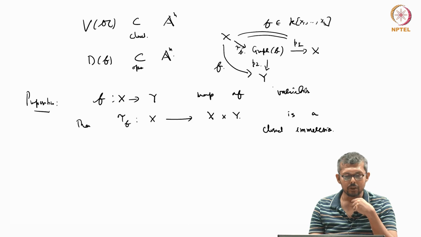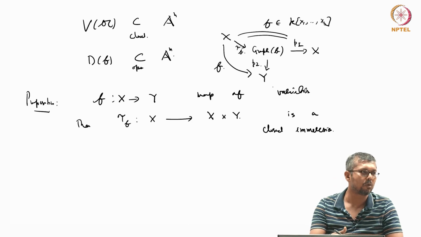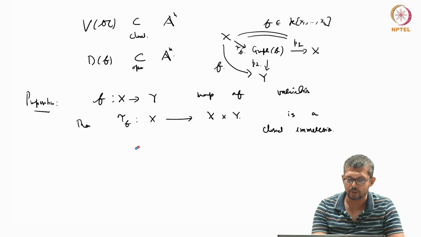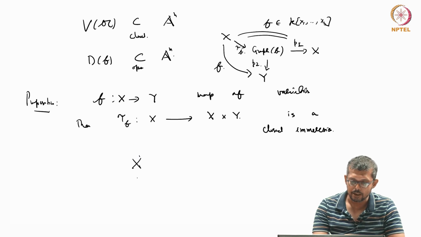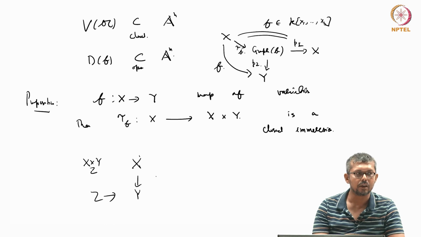Okay. So I will explain a little bit more about fiber product. So now what you do, instead of this, if you have something X to Y and some Z to Y, you want to define something called X cross Y over Z, which is a generalization of graph, and that is called fiber product.